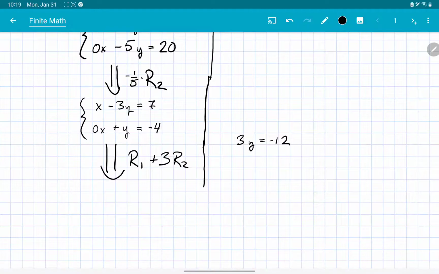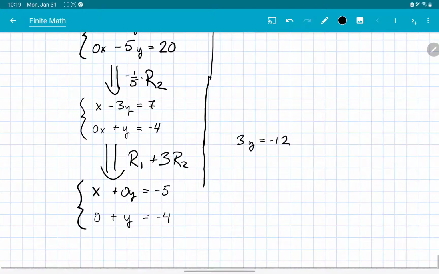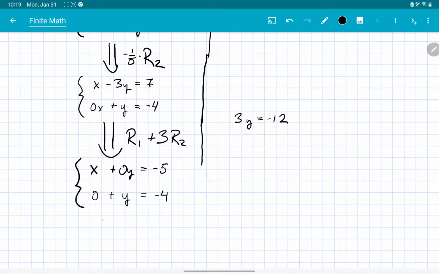And now I add that to the first equation, and I get x plus 0y is equal to negative 5. And then I have 0 plus y is equal to negative 4. So now I have my solution. x is equal to negative 5, and y is equal to negative 4.